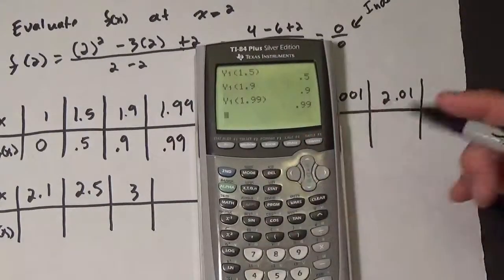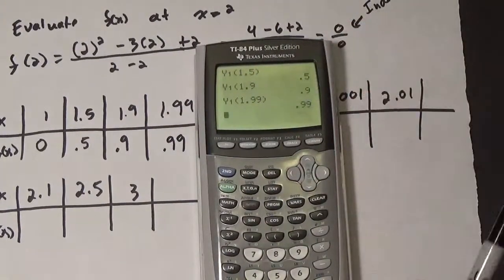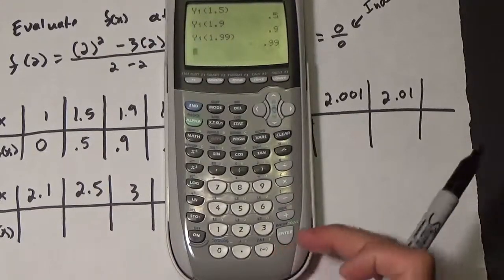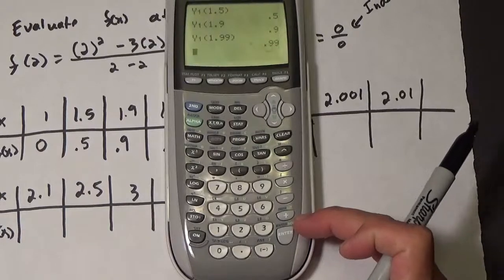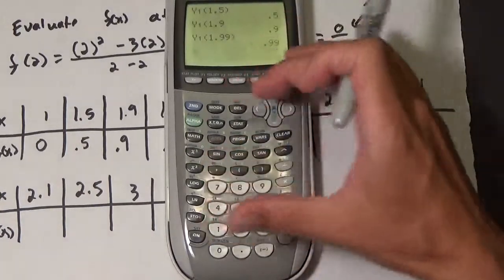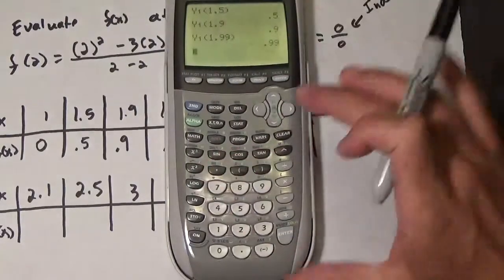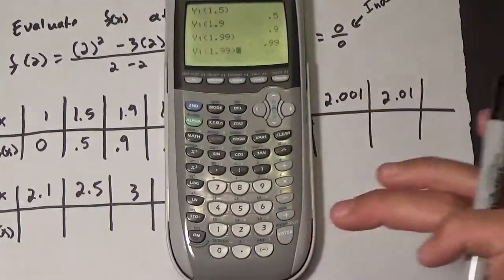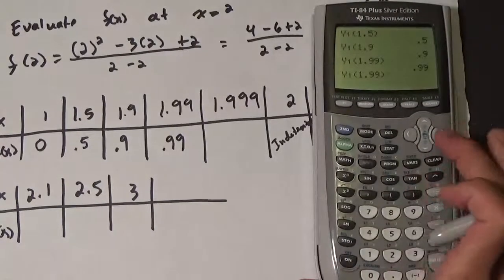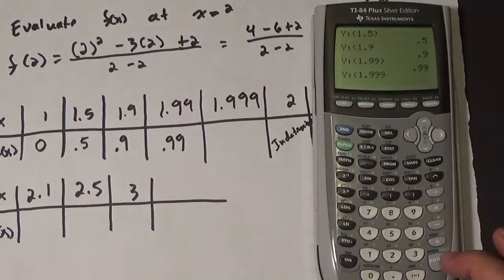Alright, now a lot of times if I have this already in here, there's this cool feature above the enter key, you see this in blue, it's called entry. And if we hit entry, what's going to happen is our previous entry is going to come in. So I'm going to hit second entry, and notice I have my y1 of 1.99, and now I want y1 of 1.999.